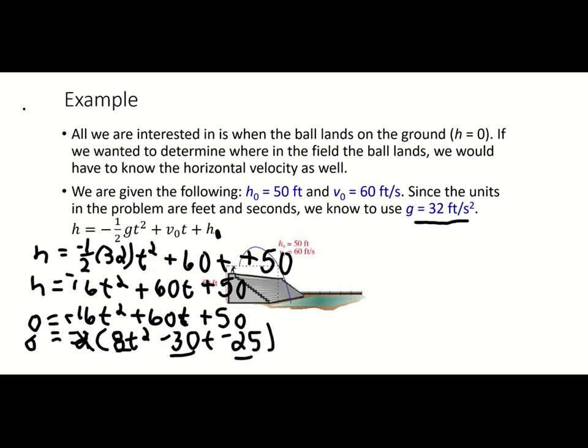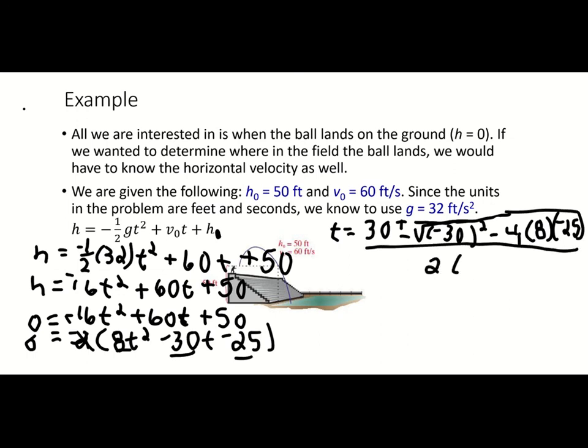Then when I plug it into my quadratic formula, I would have t equals 30 plus or minus the square root of -30 squared minus 4 times 8 times -25, all over 2 times 8.